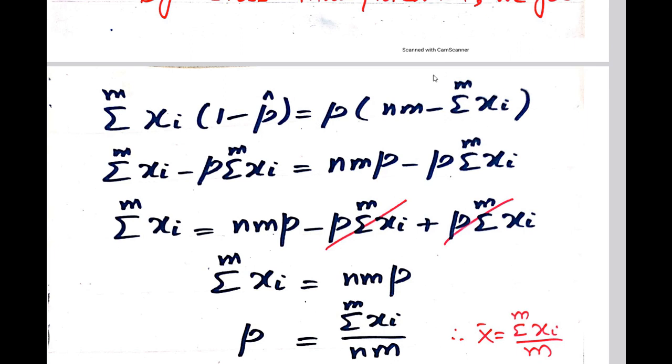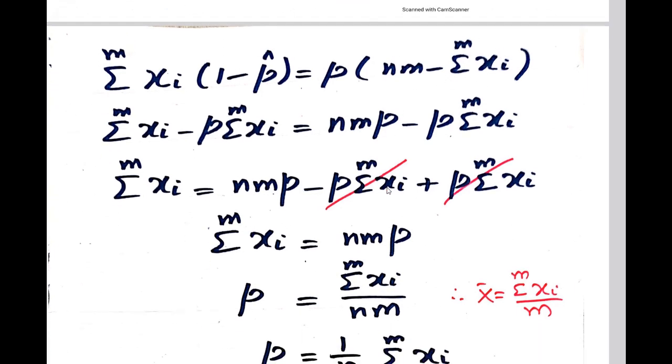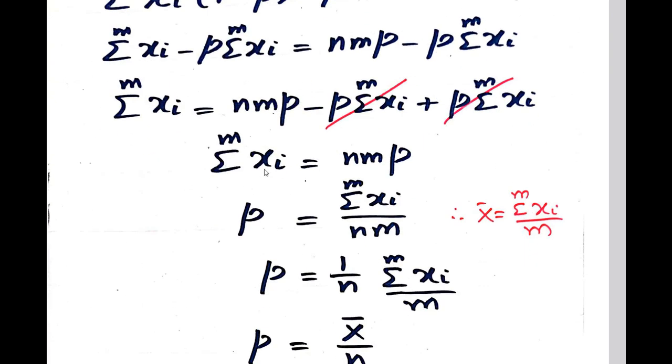Multiply p to both these terms. So sum of xi, this term take to the right side: nmp minus p sum of mxi plus p sum of mxi. Cut this minus and plus term with each other. It is sum of mxi is equal to nmp.